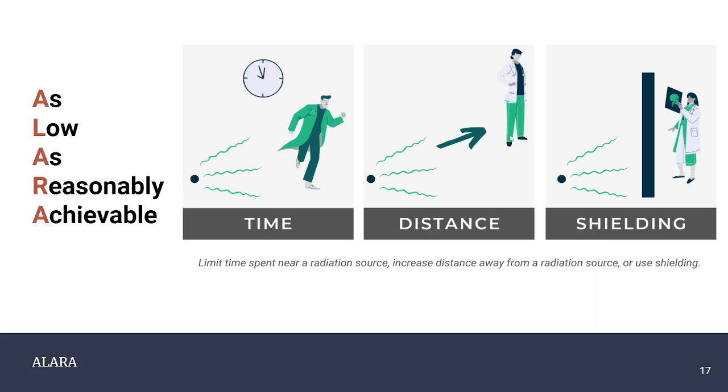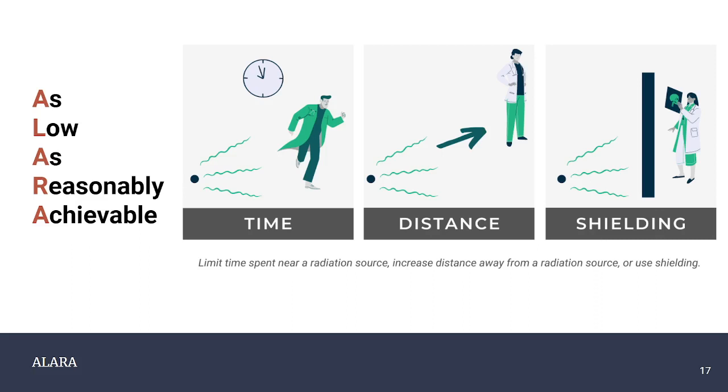So by just taking a few steps away from it, you can minimize your exposure by a lot. The distance follows an inverse square law, meaning it's a 1 over distance squared term. So if you're at 2 meters, it's 1 over 4. If you're at 4 meters, it's 1 over 16. And that can really make a difference on the amount of exposure that you're getting.